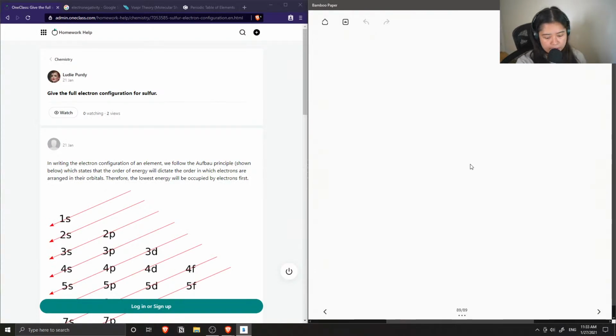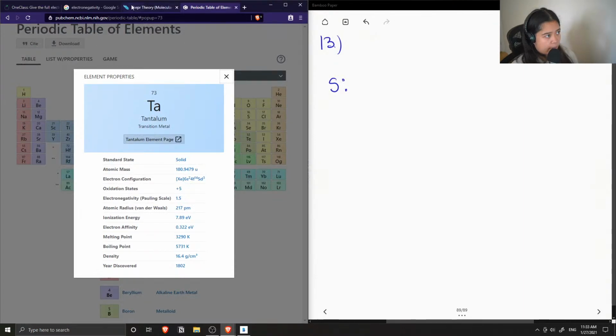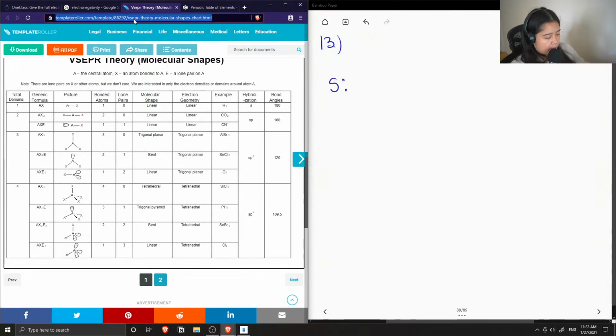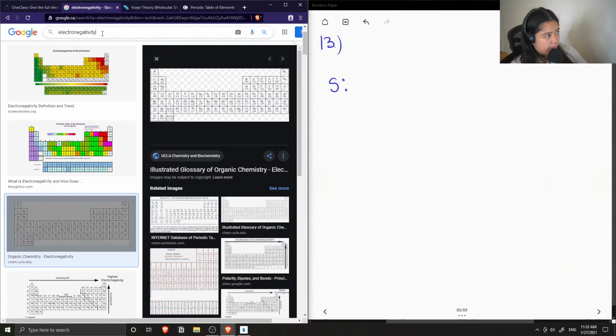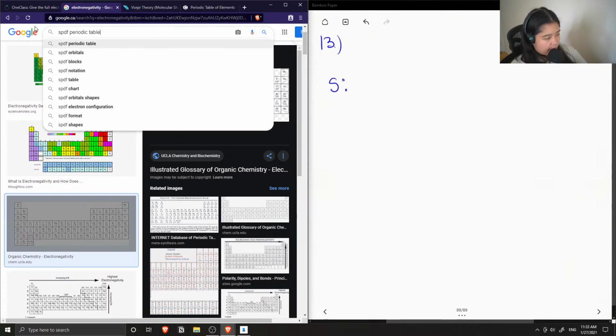Okay, so question number 13 is to give the full electron configuration for sulfur. Okay, so when writing out electron configurations, first we need to divide our periodic table, find it here, into different sections.